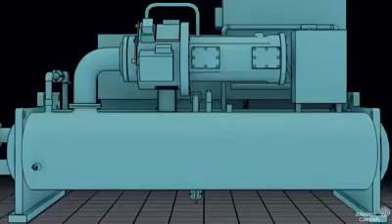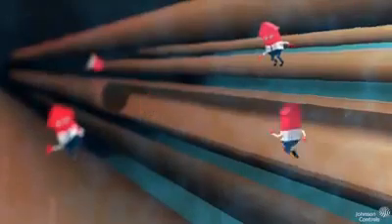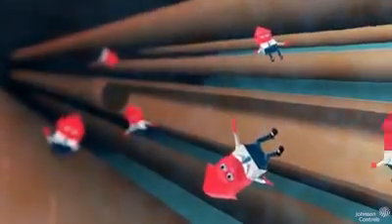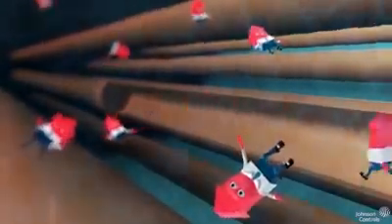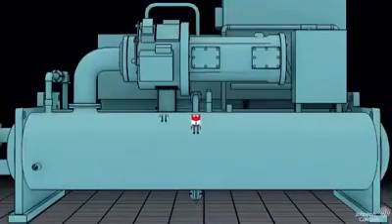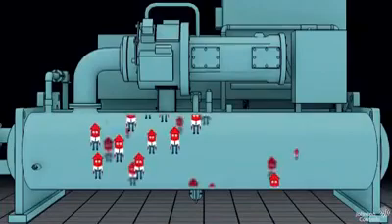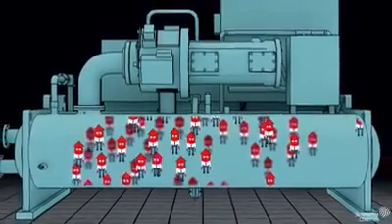As the chilled water returns to the chiller, it passes through narrow tubes that are submerged in a liquid chemical refrigerant. By design, any heat added here will cause this refrigerant to boil, changing state from a liquid into a gas.